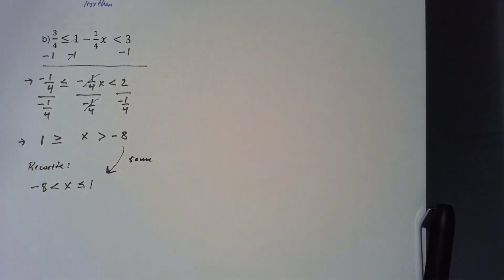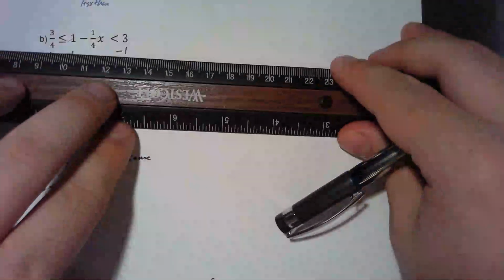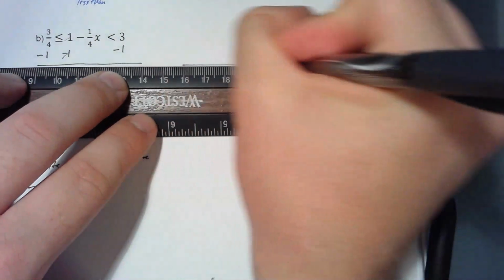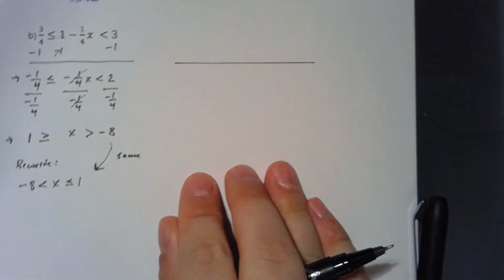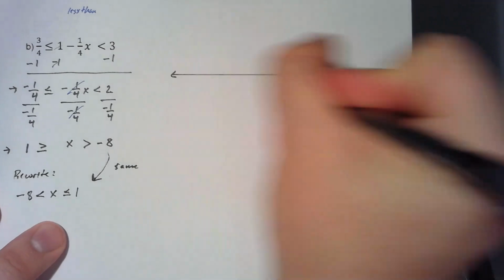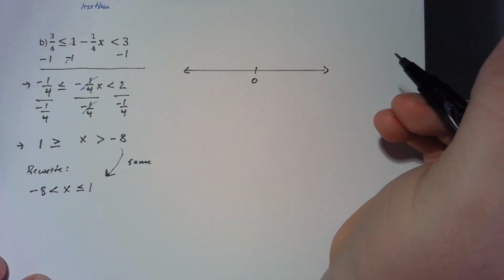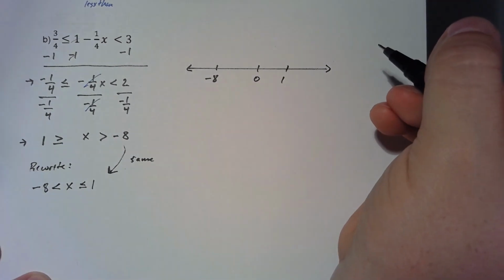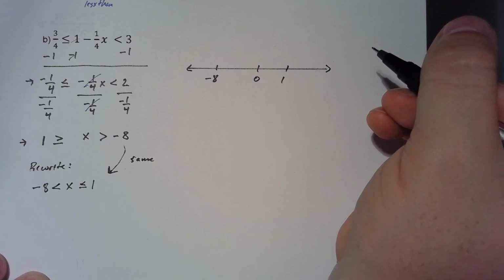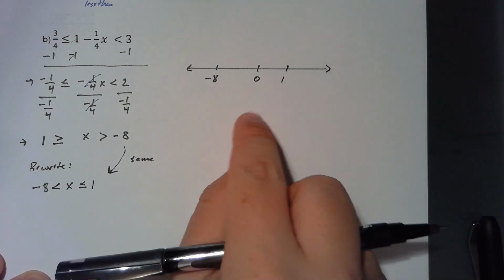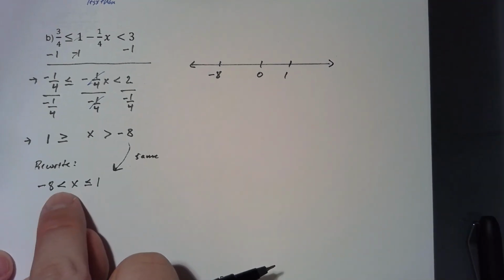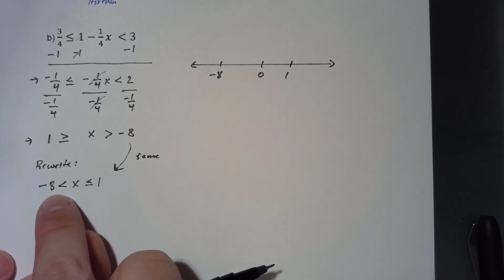To graph that on my number line, there's 0. Negative 8 is over here. 1 is over here. So negative 8 is not part of the interval.